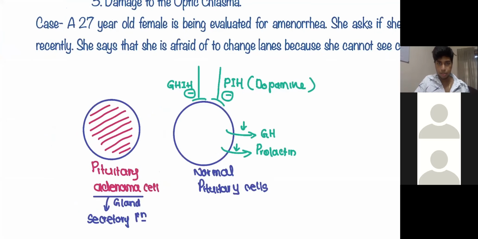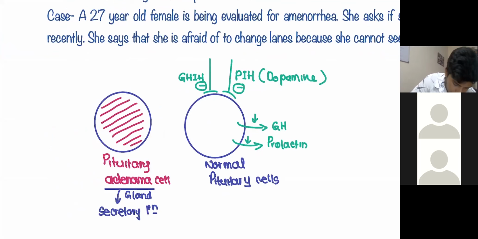I hope you understand this. Now the problem with these adenoma cells is they don't care. I'm doing basic pathology right now. They don't care about whatever comes to inhibit them. They will just keep producing.